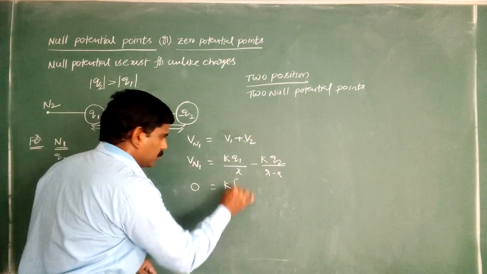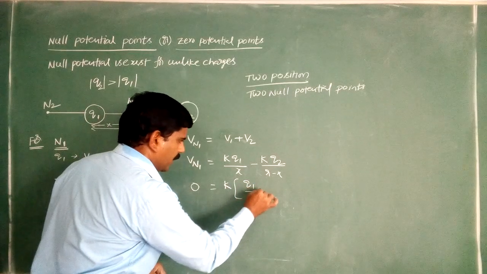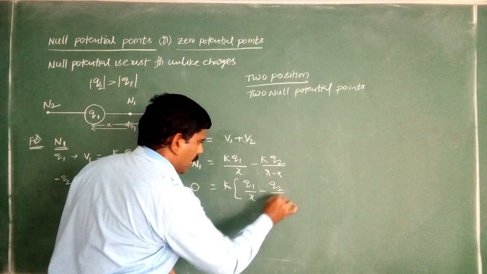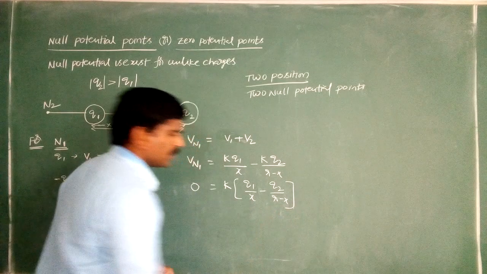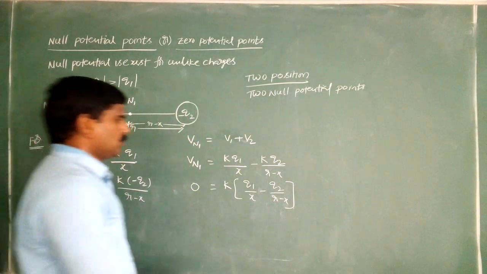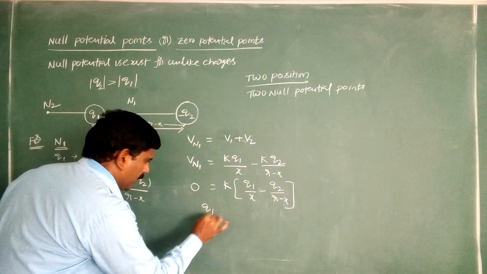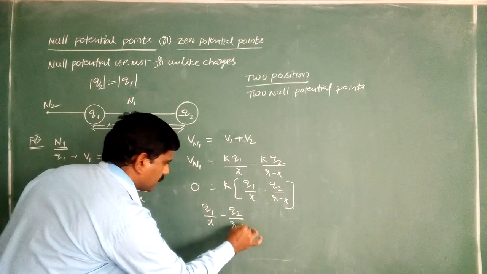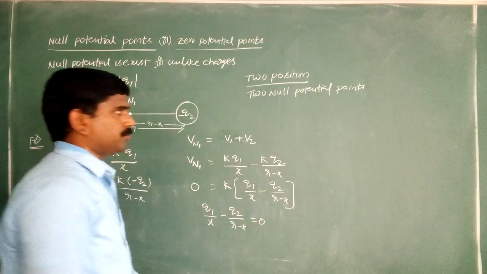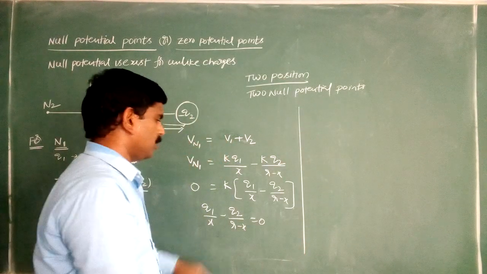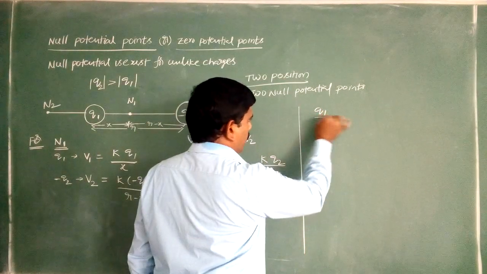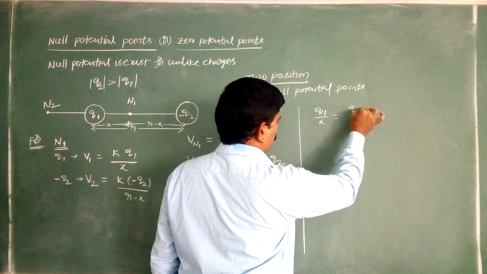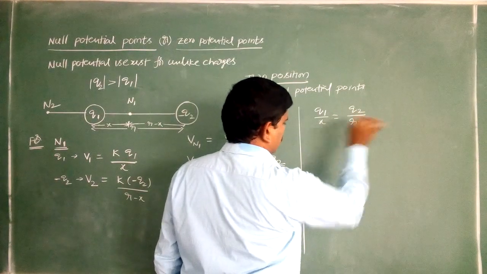Therefore, K into Q1 by X minus Q2 by R minus X is equal to 0. From this, Q1 by X is equal to Q2 by R minus X.